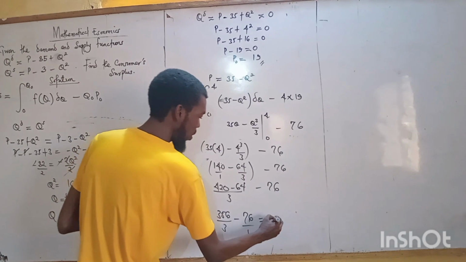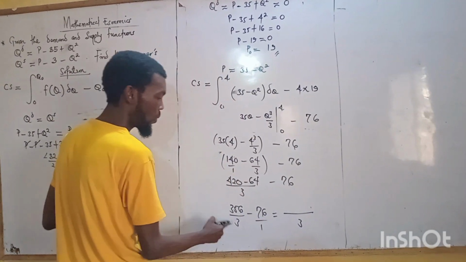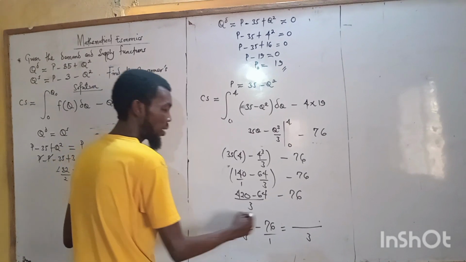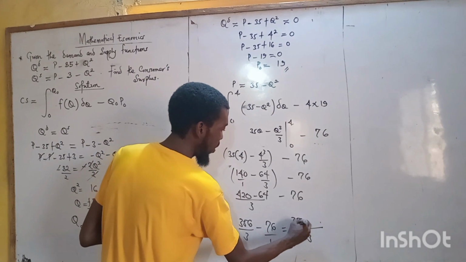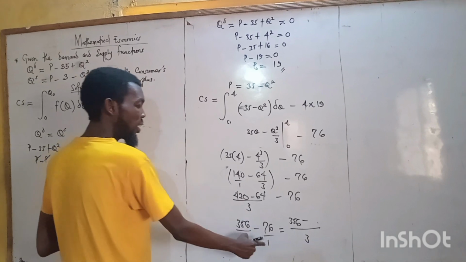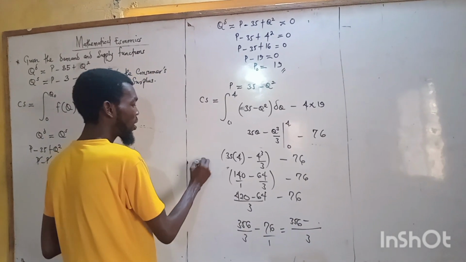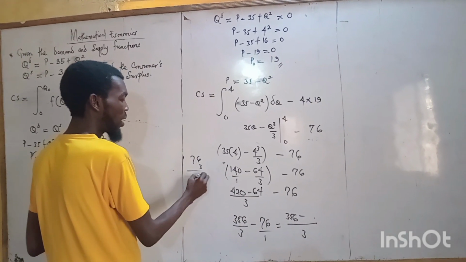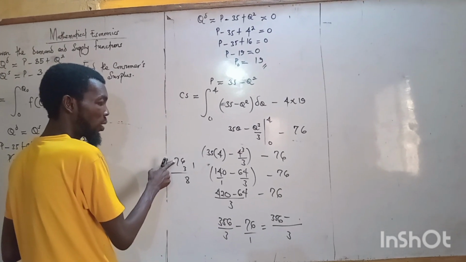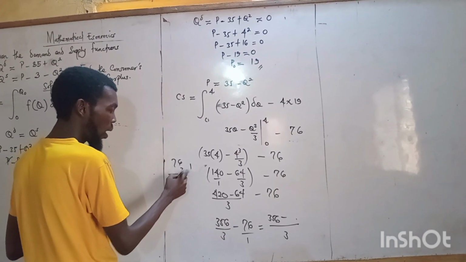Let's find the LCM, 3. 3 in 3 is 1, and 1 times 356 is 356. Minus 1 in 3 is 3, times 76. 3 times 6 is 18, remainder 1. 3 times 7 is 21, plus 1 is 22.